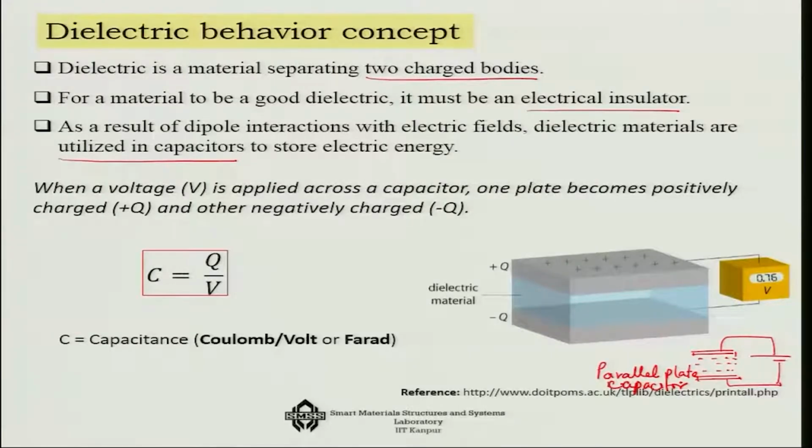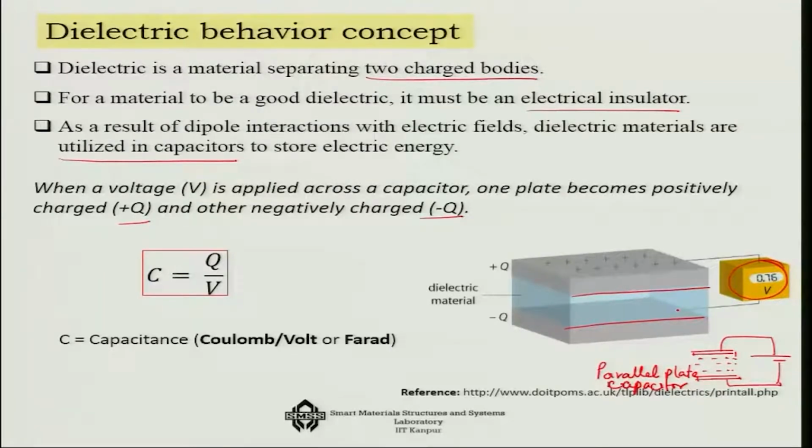So, when a voltage V is applied across a capacitor, one plate becomes positively charged, plus Q, and the other becomes negatively charged, because the electrons are not able to freely conduct between the two. The plates become charged because in between you have the insulating medium. That creates this separation of charges, which remains stationary between the two.